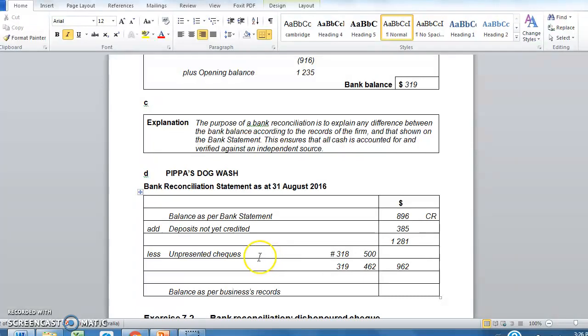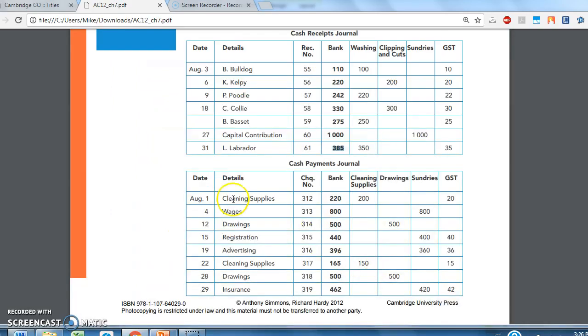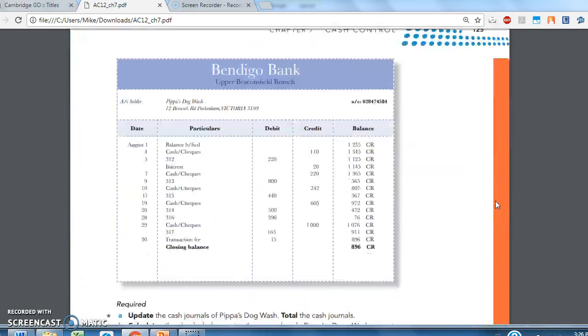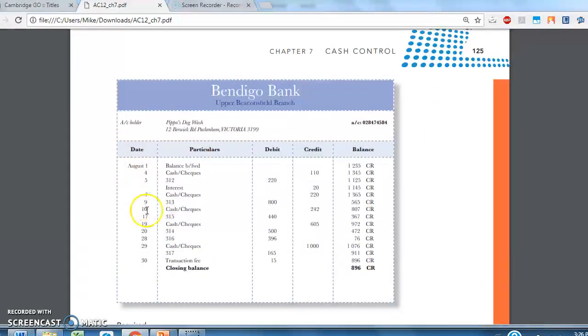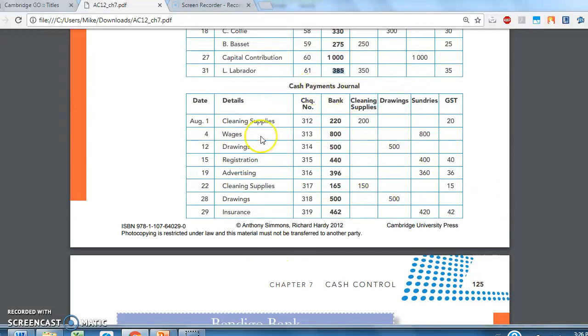1,281 less unpresented checks. So I've already put this in, so I've also got the check number next to it, so 318 and 319. So how do we know that they're not in here? So let's look. Okay, 314, 316, 317. Okay, not here. However, if we look at here, 316, 317, 318, 319 are here. So for the amounts of 500 and 462.